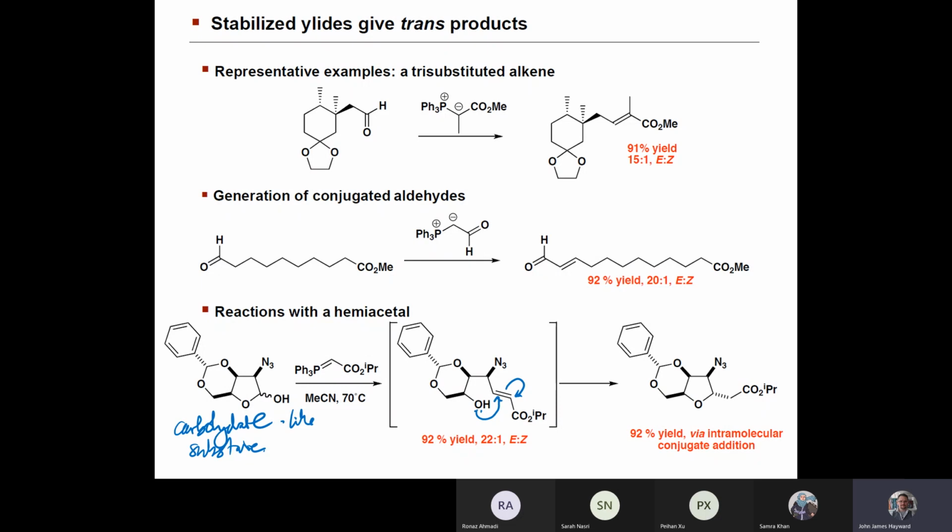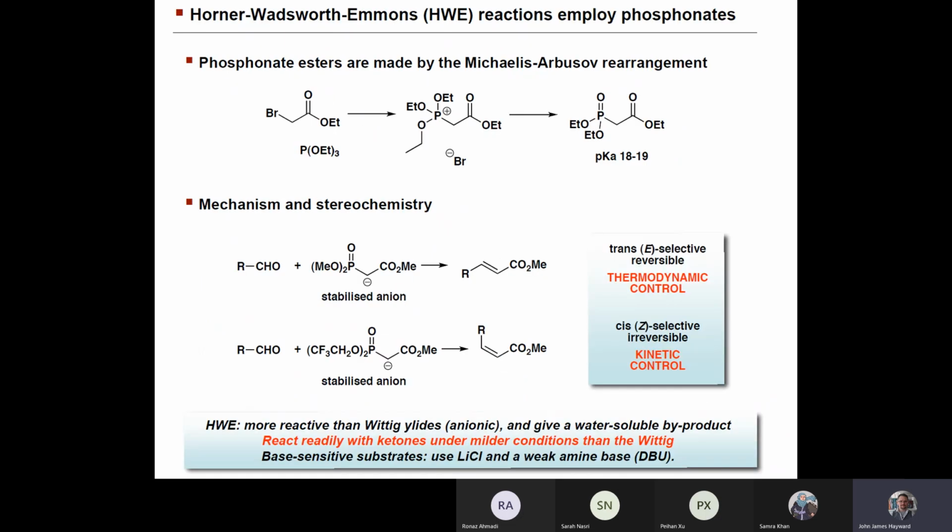Okay, so some examples from the literature. Great. So here's the Horner-Wadsworth-Emmons reaction, and like I said, the mechanism we were showing previously seems to work for that. And you make this reagent, the Horner-Wadsworth-Emmons reagent, through the Michaelis-Arbuzov reaction, or sometimes just referred to as the Arbuzov reaction.